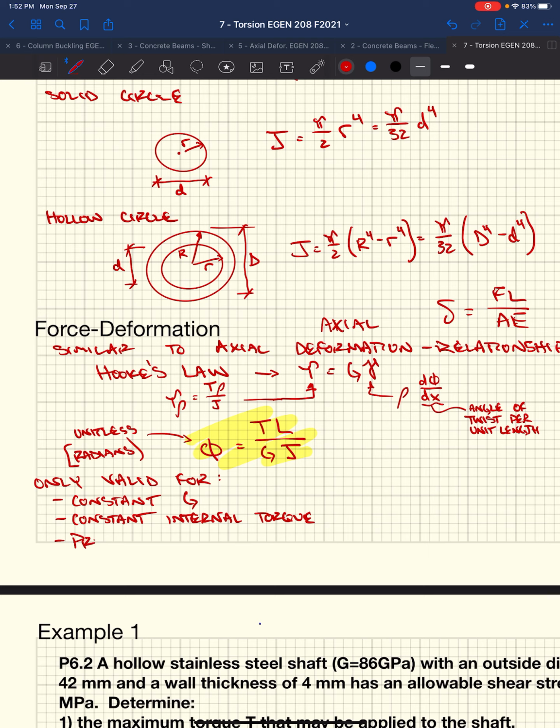Also needs to be prismatic. Our shaft needs to be, so that means the diameter and the polar moment of inertia are constant. If the diameter or the polar moment of inertia changes, the stiffness changes, right? And that screws up the linear behavior that we've assumed from the very beginning, that our stress is going to change linearly as we go from the inside to the outside. Our change in rotation is linear as we go down the length of the shaft.